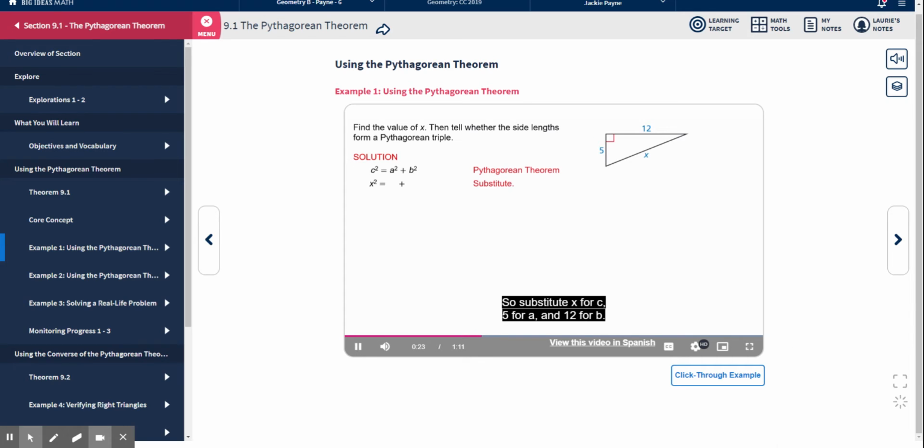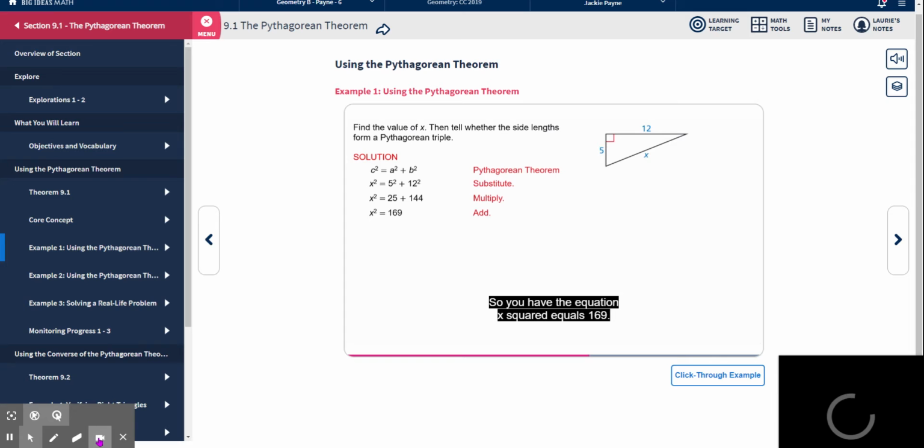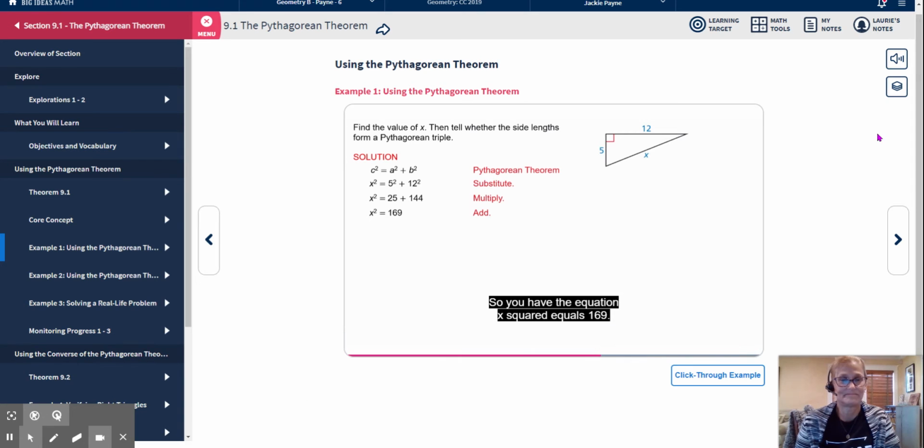So, substitute x for c, 5 for a, and 12 for b. Now, 5 squared is 25, and 12 squared is 144. 25 plus 144 is 169. So, you have the equation x squared equals 169.